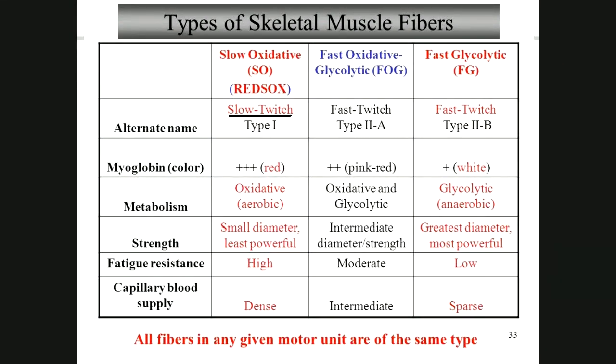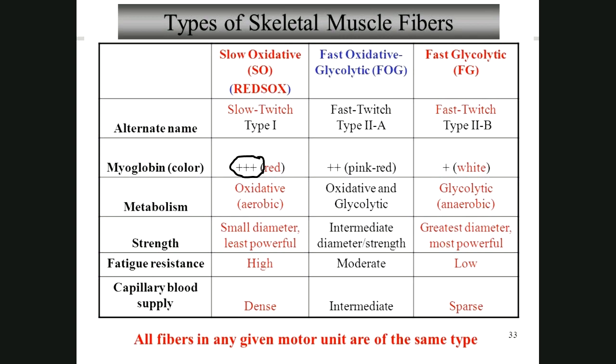It would take a long time to go from contraction to relaxation, slow. Another nickname is that they're red. Sometimes they're called red socks. The reason they're red is because of a product they have called myoglobin. So red fibers have a lot of myoglobin.